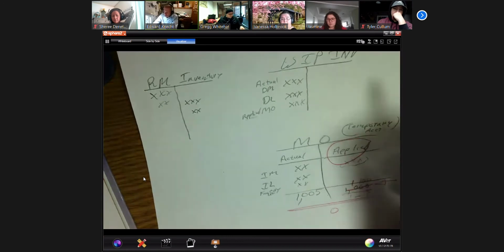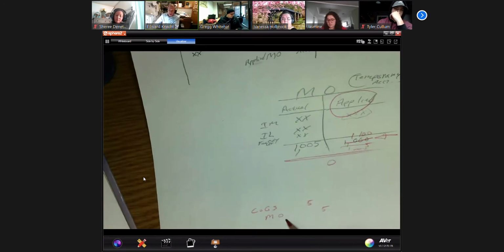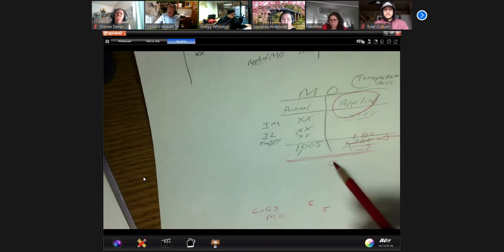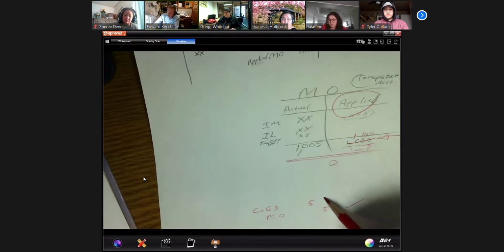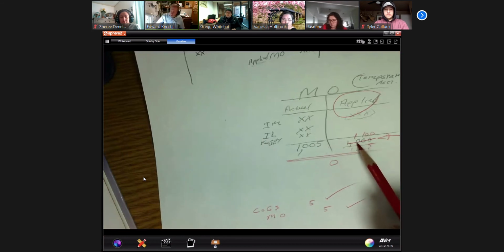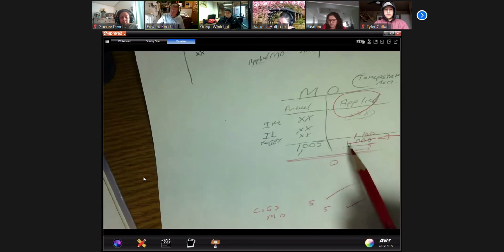So the adjustment would be we have to increase our cost of goods sold and reduce our manufacturing overhead by crediting it. So now that zeroes this account out. We accomplished closing the account and we adjusted the cost of goods sold. You see that, Greg? That's the simpler way of when you have in the first case when we applied 1,000 and actual was $1,005, we under applied.